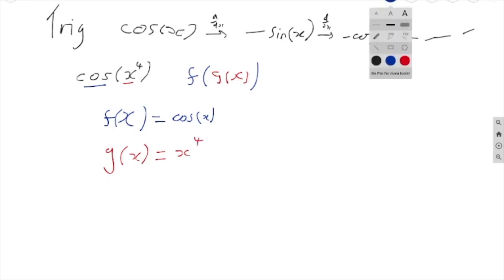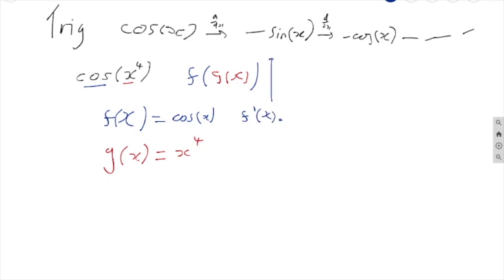Now that we have these, let's just quickly write down our differentials. f prime of x equals, as I said, up top, the differential of cos x is minus sine x. And the differential of x to the 4, g prime of x, equals 4x cubed. Now we have all these in place.